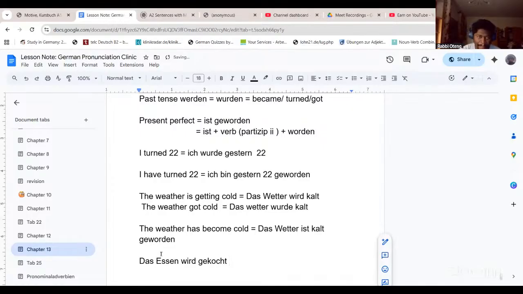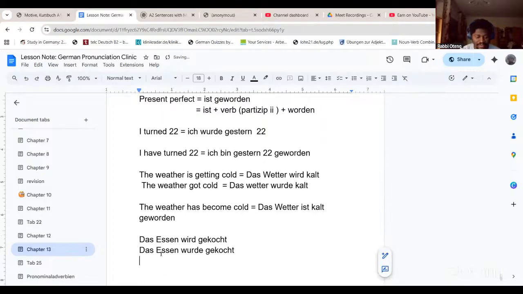But when you want to say the food got cooked, that's: das Essen wurde gekocht.